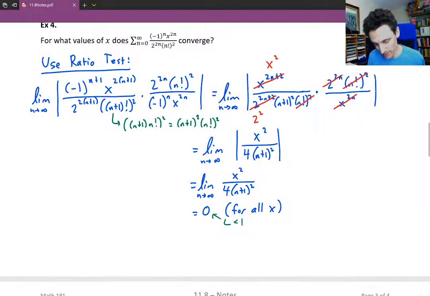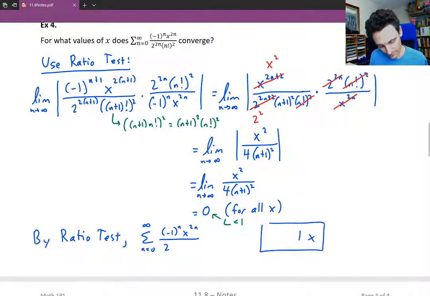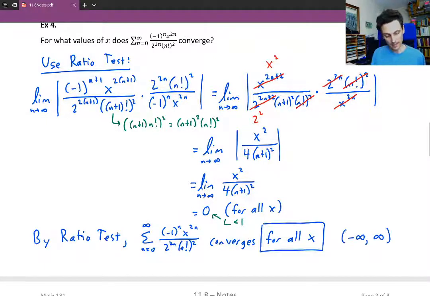So we can say by the ratio test, the series converges for all x. In other words, you could write negative infinity to infinity. That's another way you can write that.